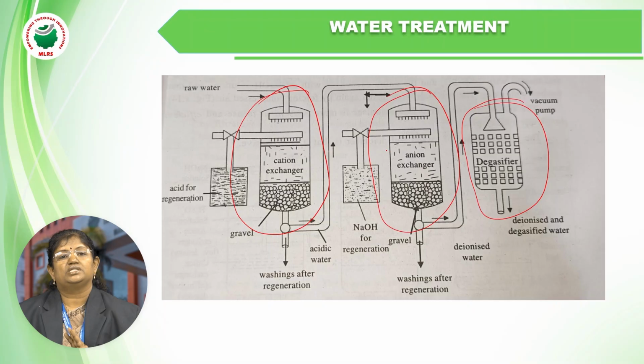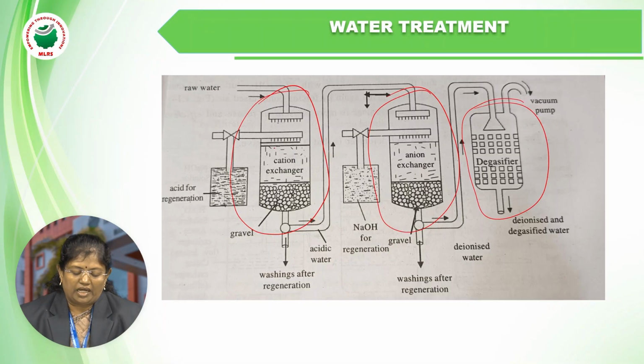This process involves a plant consisting of 3 chambers: a cation exchanger, an anion exchanger and a degasifier. Just now we discussed the diagrammatic representation of the plant.